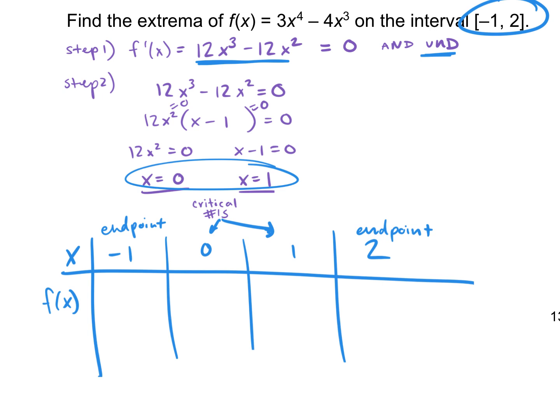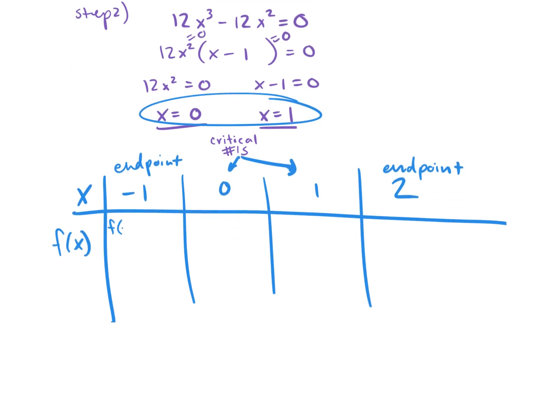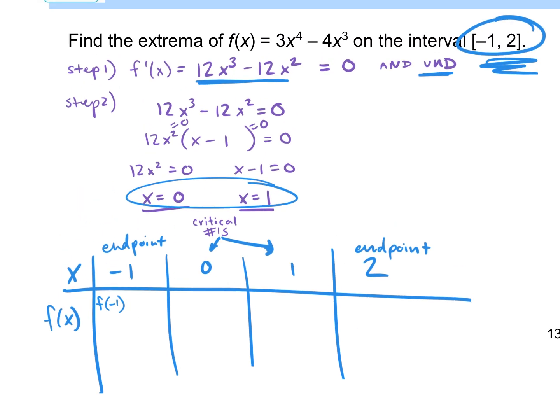Now we want to find the y value at each one of these values. Whatever our smallest y value is, that's going to be our minimum. Whatever our largest y value is, that's our maximum. So let's plug in. We're going to find f of -1. Now we're plugging it in to the original function.